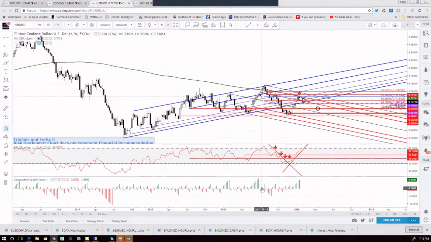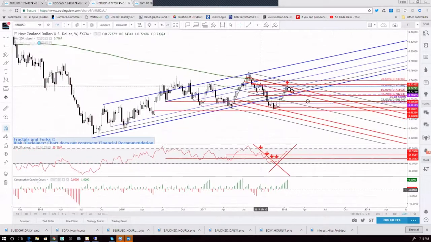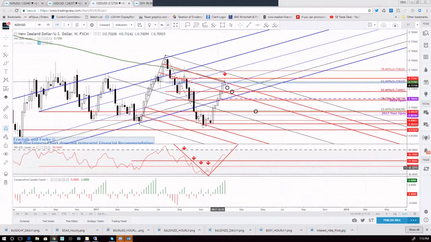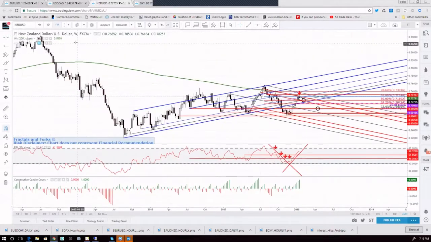Is it going to be this week or next week? Nobody knows, right? But you always have to be careful, because this was the 7th week. We got a little tiny pullback here, and then it was another 3 weeks up. So be careful if you think, oh yeah, it's got to go down. Maybe it will go down for 1 week, for 50 pips, and then it might just continue the journey upwards, right?